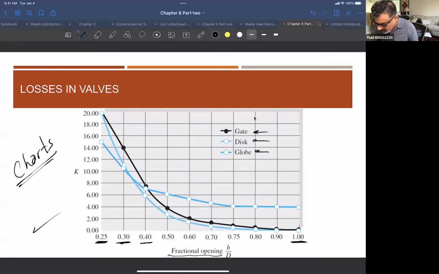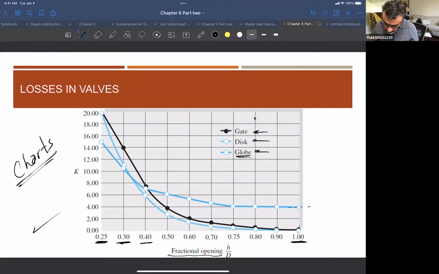If it's fully open, it's going to be like that. For some of the other valves, you'll see that the disc valve will have almost zero loss coefficient. But for a globe valve, because of its structure, even when fully open you still have a loss coefficient value.